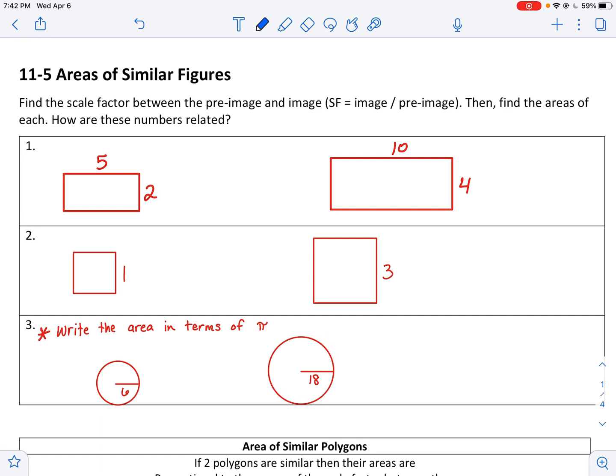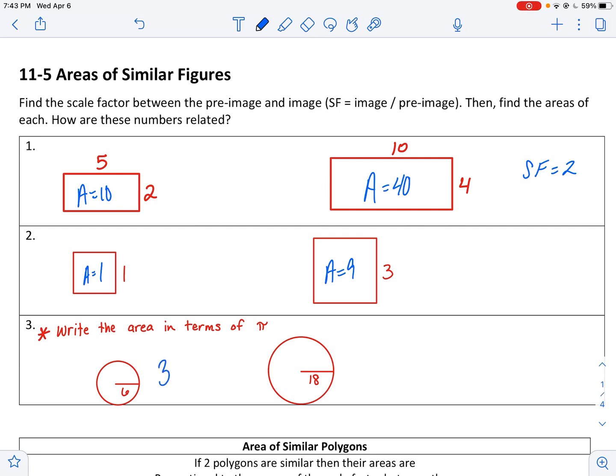Alright, so here I've got an area of 10, area of 40, and my scale factor from 5 to 10 or 2 to 4 would be 2. Here I've got an area of 1 square unit. Here I've got an area of 9 square units, if that is a square.